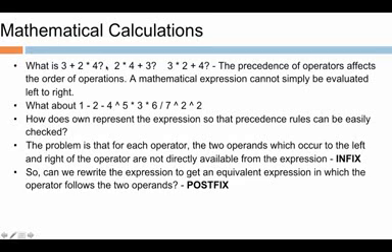Most school children are likely to think of 3 plus 2 multiplied by 4 as 5 multiplied by 4, which is 20. But the minute we put in the conventions of the precedence rules, the answer we all know is actually 11. That is, the multiplication needs to be done first, followed by the addition.